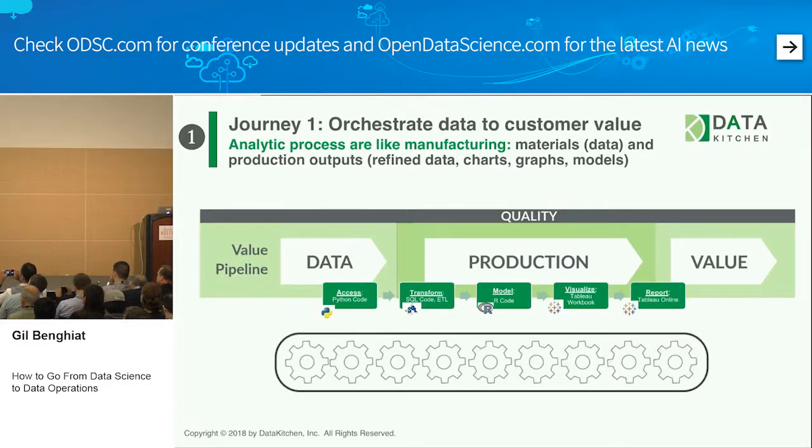The first step is to orchestrate 2 journeys. What's the first journey? Orchestrate from data to customer value. A lot of people call this a data pipeline.